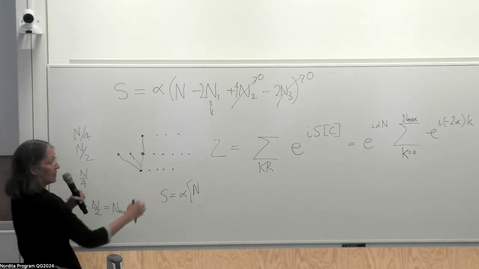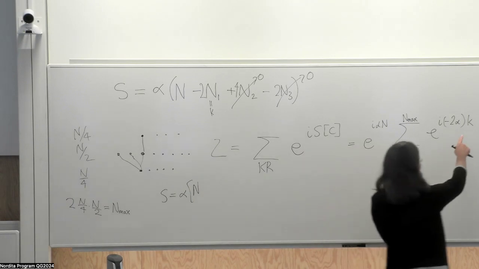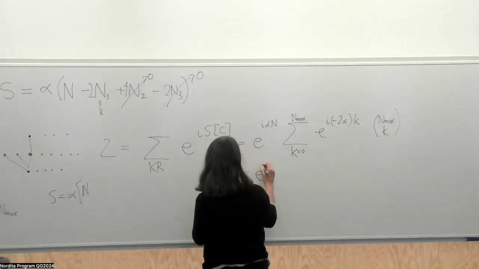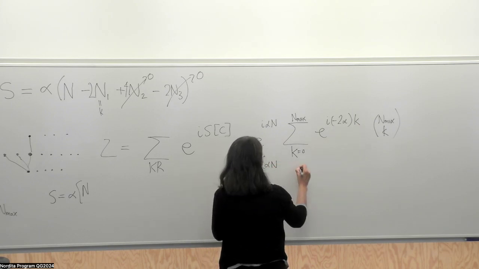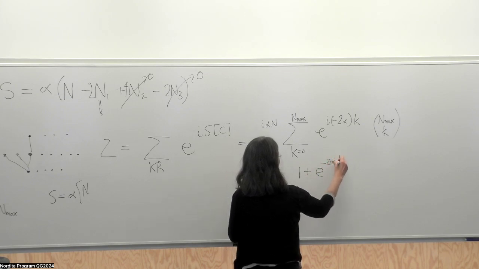That's how you get k elements. So the number of causal sets with that number k of links is this. So that's two to the I alpha n. This is 1 plus e to the minus 2 alpha I k to the n max.